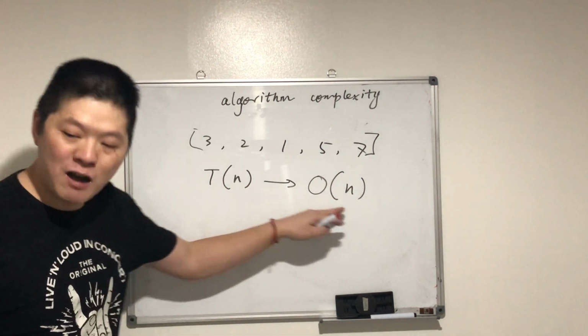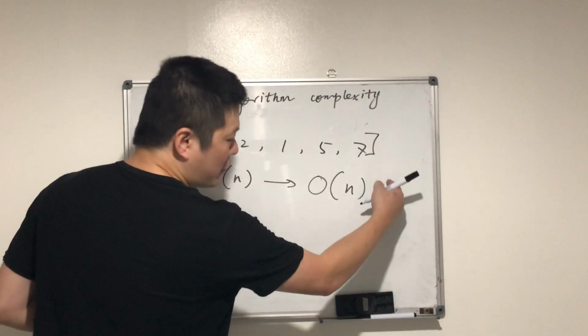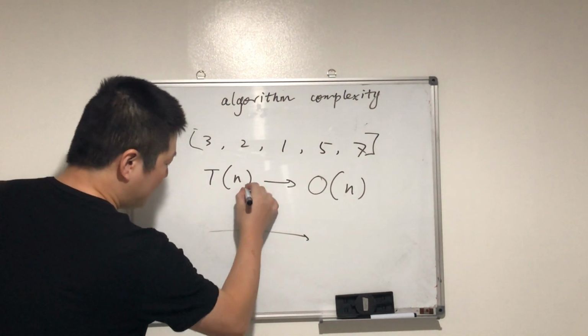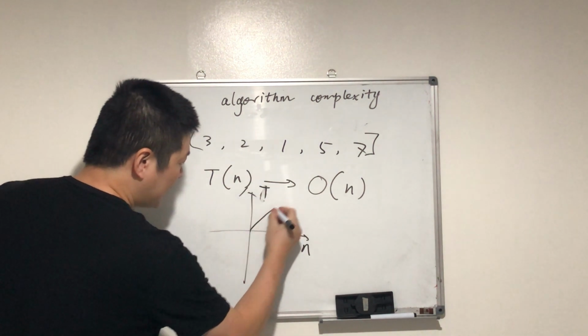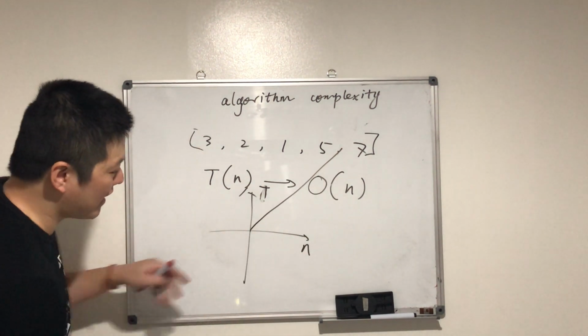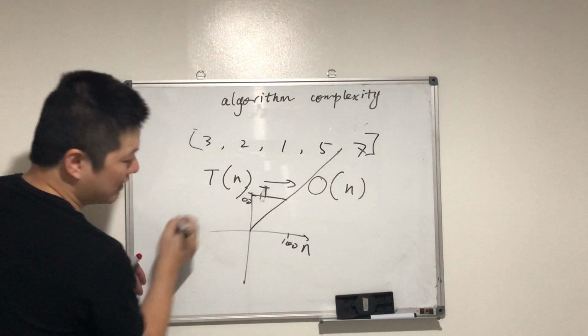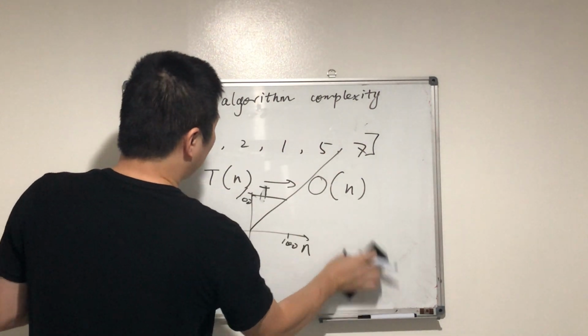Yes, exactly. 1,000? 1,000. You see, as n grows, the computer needs to check that number. So this is n, this is time, and if n is 100, it corresponds to 100 here. Got it? This is called linear.